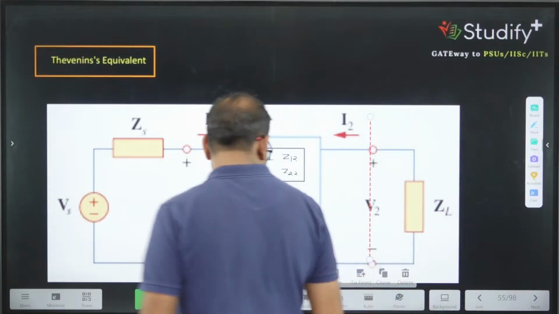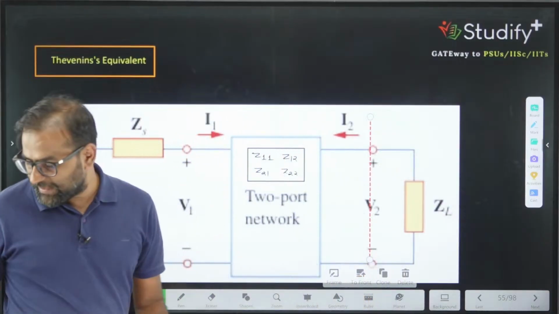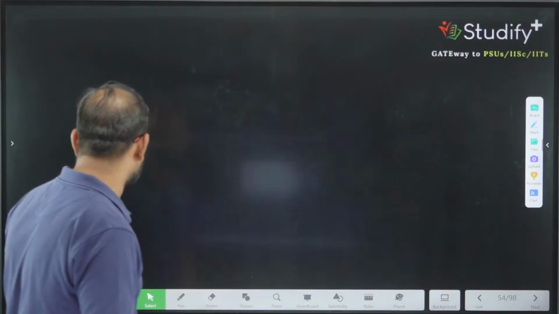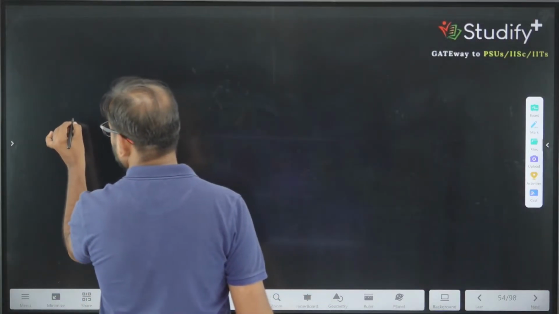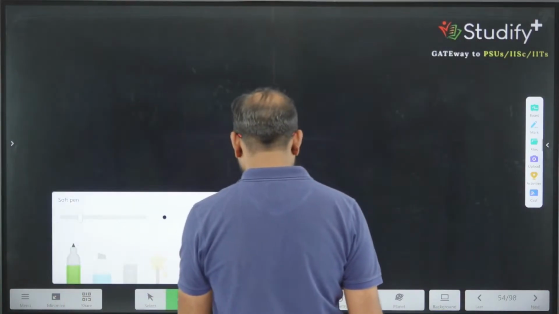So one equation is given, and what is that equation? The equation for the two-port network is given.